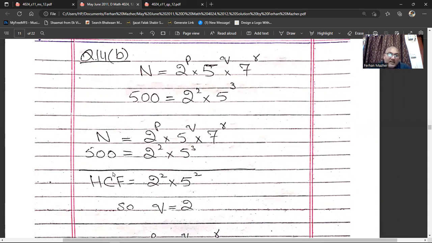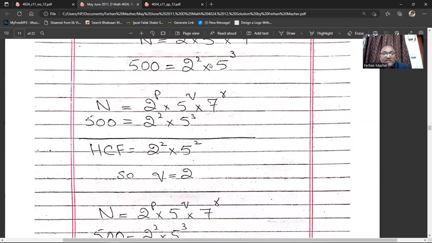It means the 2 is common in all of them, and the smallest power is 2, which is already here, so it's good. 5 is a common factor, and its smallest power is 2. The power here is 3, so this q is 100% equal to 2. So I will say this q is 2.